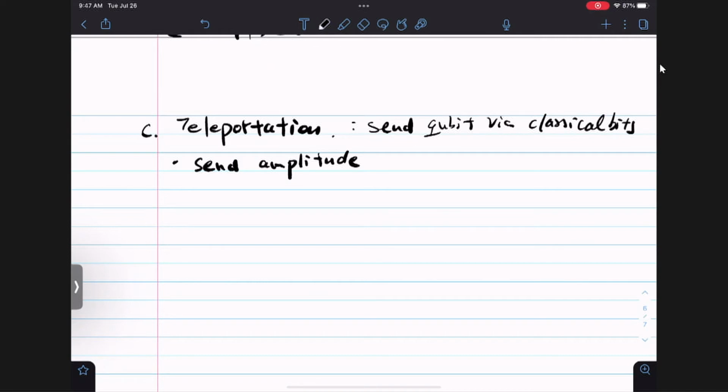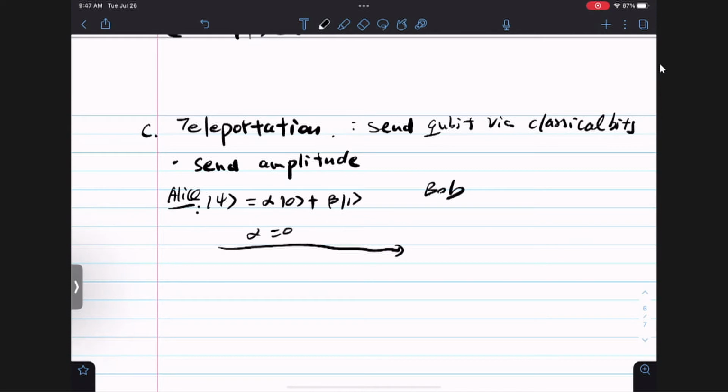And then you realize immediately, suppose I have the quantum state, the qubit alpha |0> plus beta |1>, then maybe I can write down alpha in decimals.